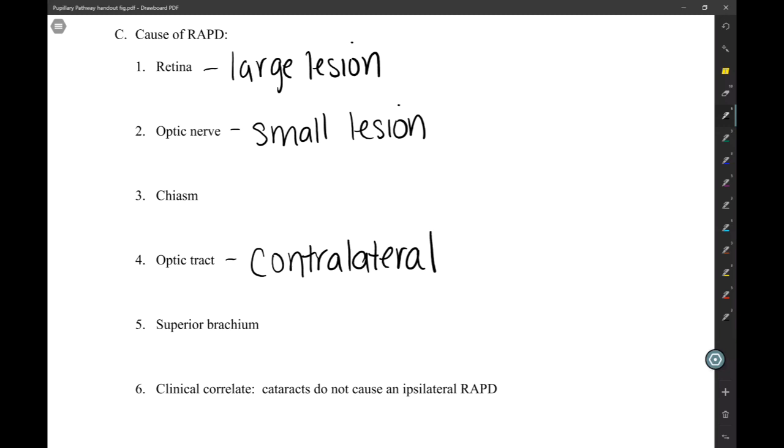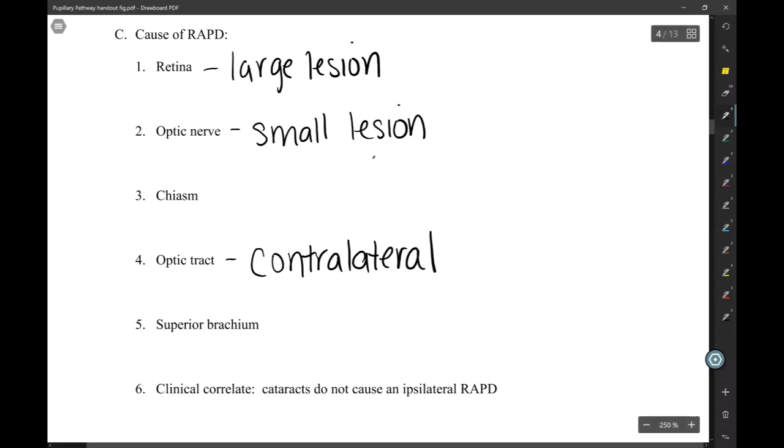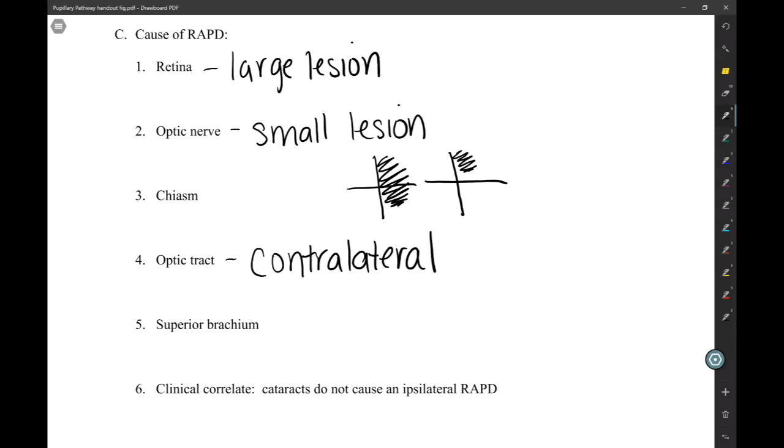If the hemianopia is incomplete, so you have a lot of loss on one eye and a small amount of loss on the other eye, you'll get a relative afferent pupillary defect in the eye with the worse visual field.